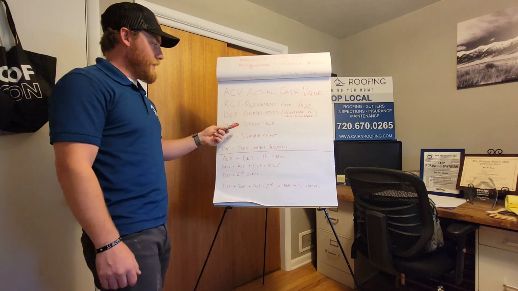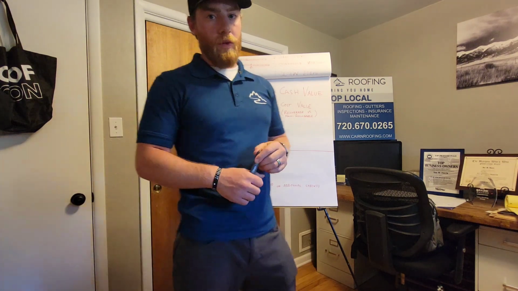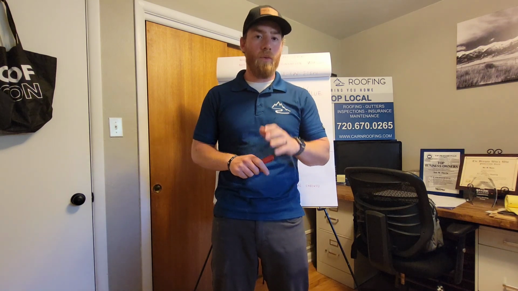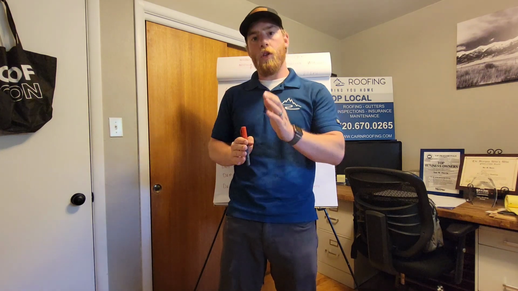The DED is also the deductible. Okay? There has been debate about the deductible for as long as insurance companies have been around. The deductible is the amount of money that you came to an agreement with your insurance company that, in the event of a storm, you would be willing to cover. That was your agreement.